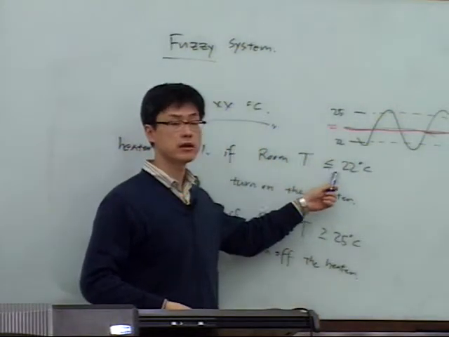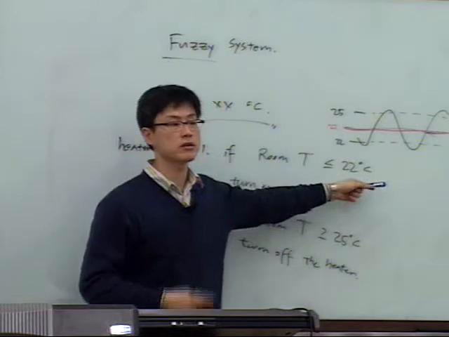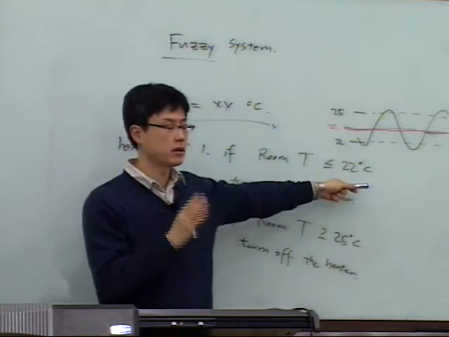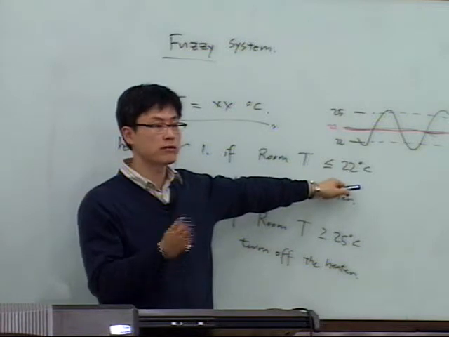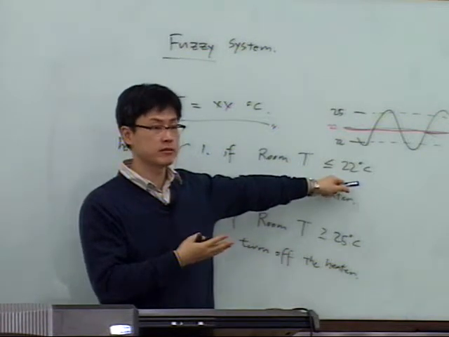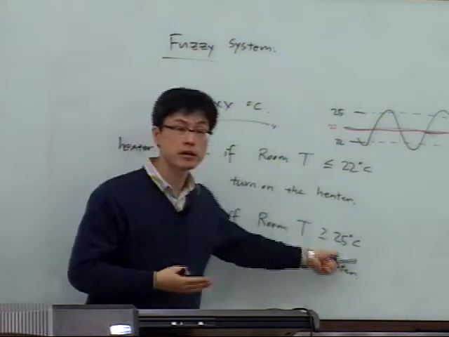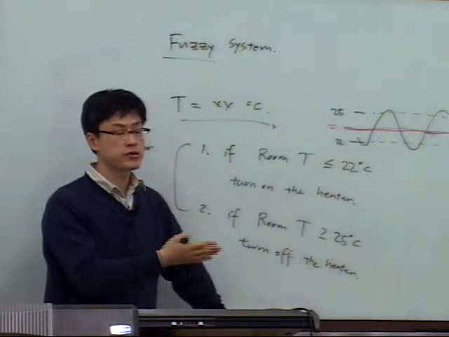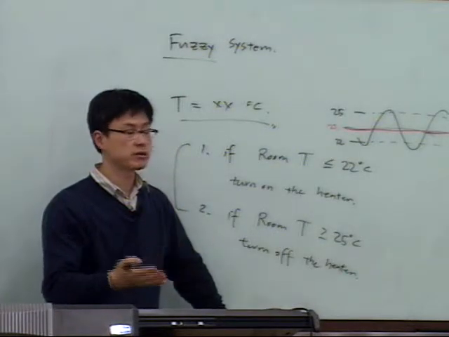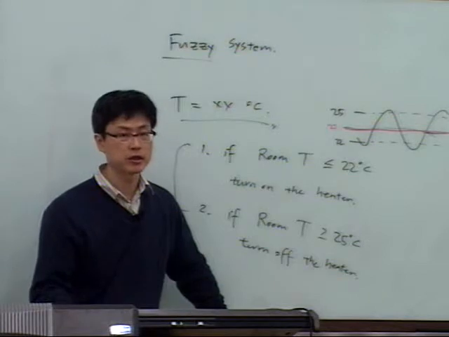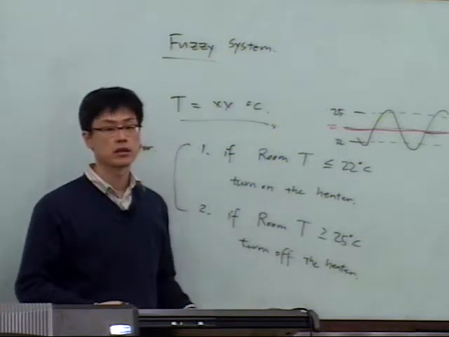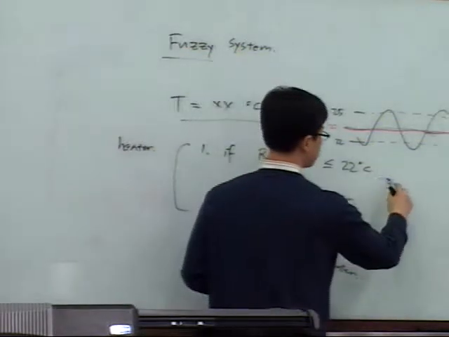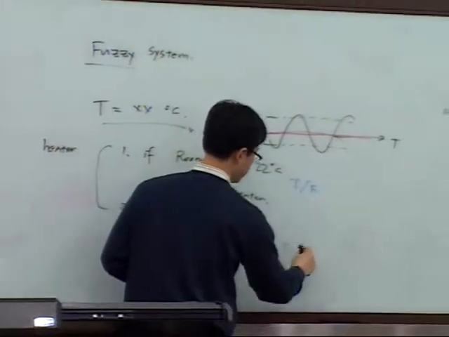Temperature is less than some degree. It's a statement. You can decide, is this statement true or false? Right? Another statement: temperature in room T is greater than or equal to 25 degrees. True or false, based on your measured T. So this true or false, true or false.